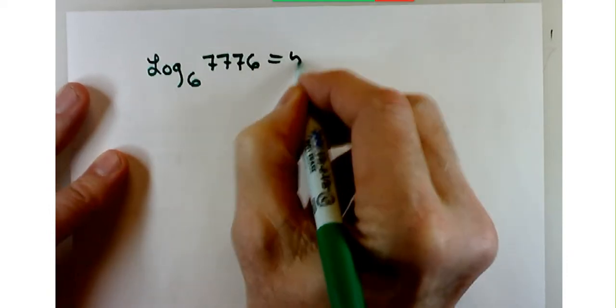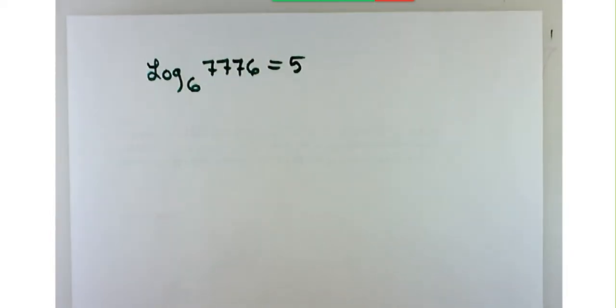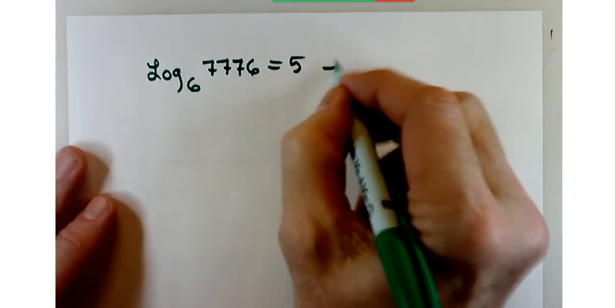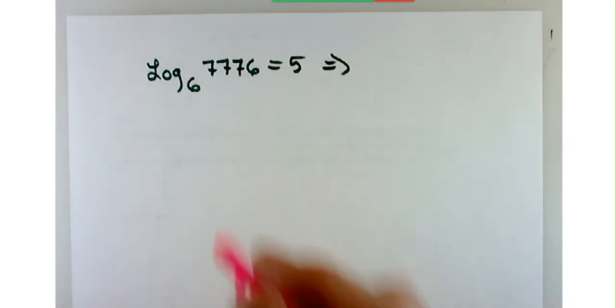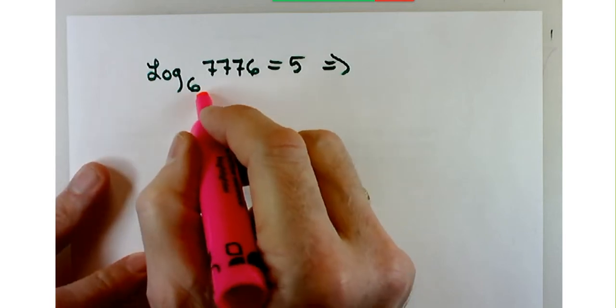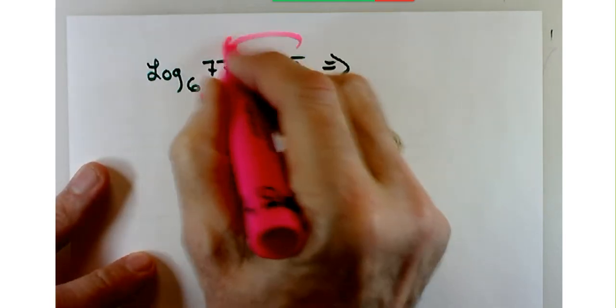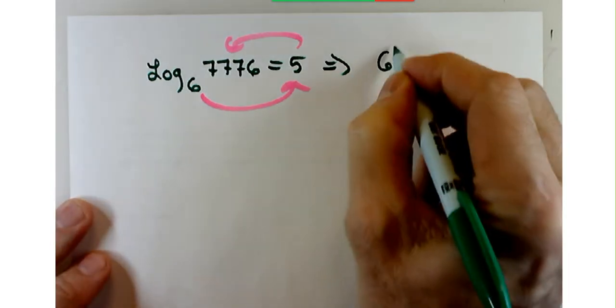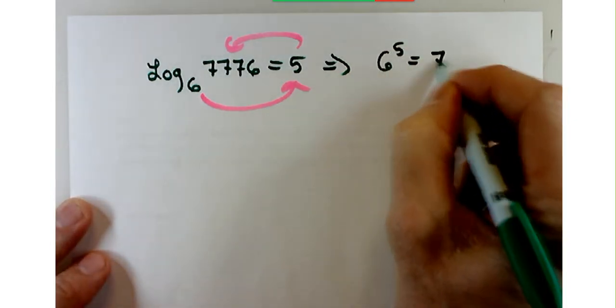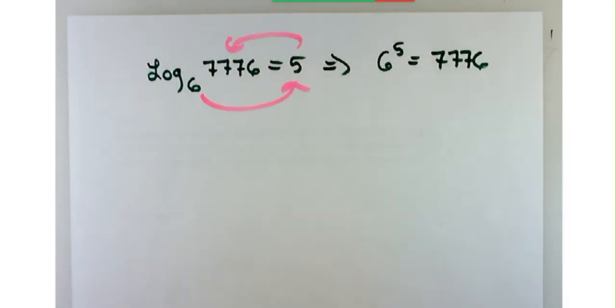I think that's 5. So the question would be, what would it be using exponents? Well, we've already done that a couple times here in 56 and 57. 6 to the 5th power equals 7,776. Excellent.